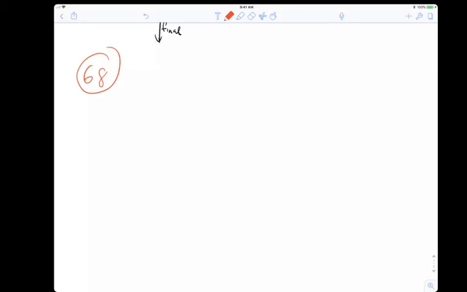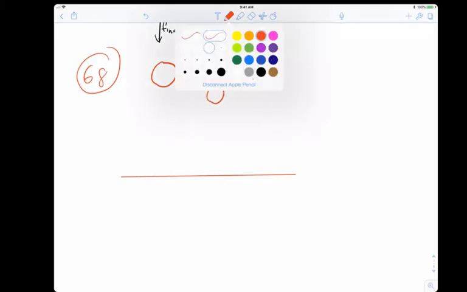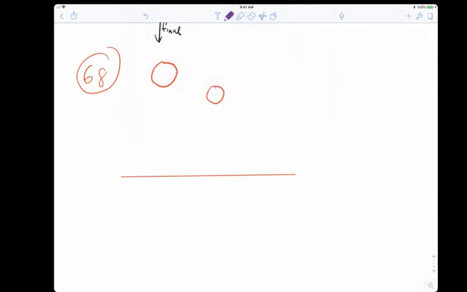Okay. Here's my ball. Here's my floor. Here's my final. So the initial one here, that's 1.5. And after the first bounce, it's at 0.65 times 1.5. So that's 0.975.